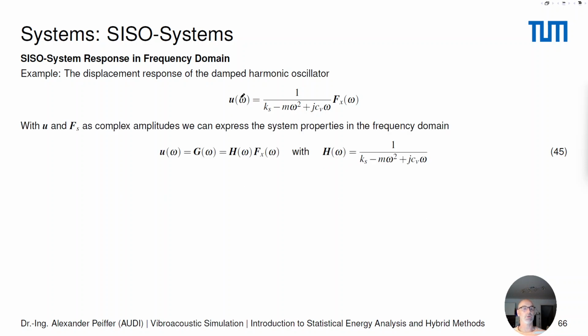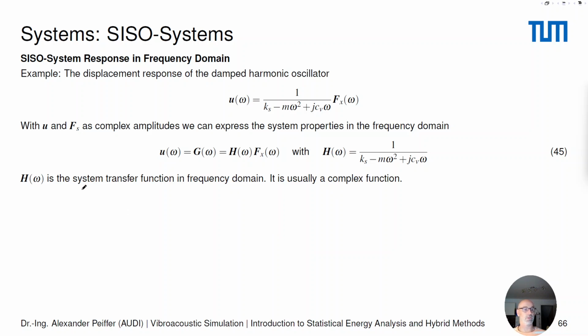So here we consider the displacement and the force as complex amplitudes, and then we can define the function that denotes the system response in the frequency domain by exactly this fraction, because G, capital G, as a response function in the frequency domain representing the displacement, is just the function H multiplied by the force spectrum. And this is the given function, which is quite logical if we check the equation on top.